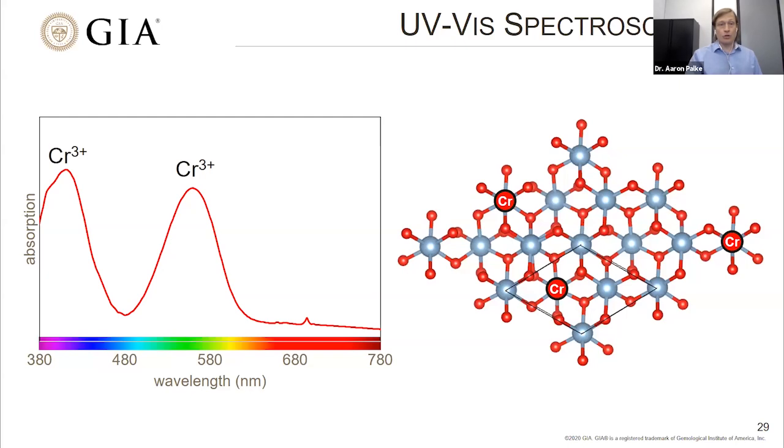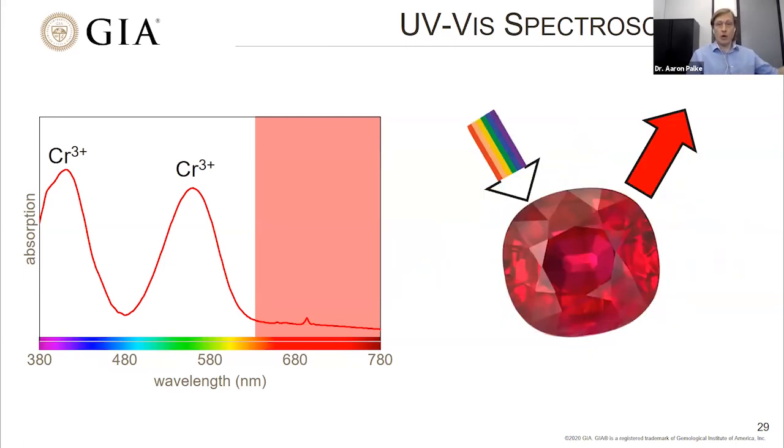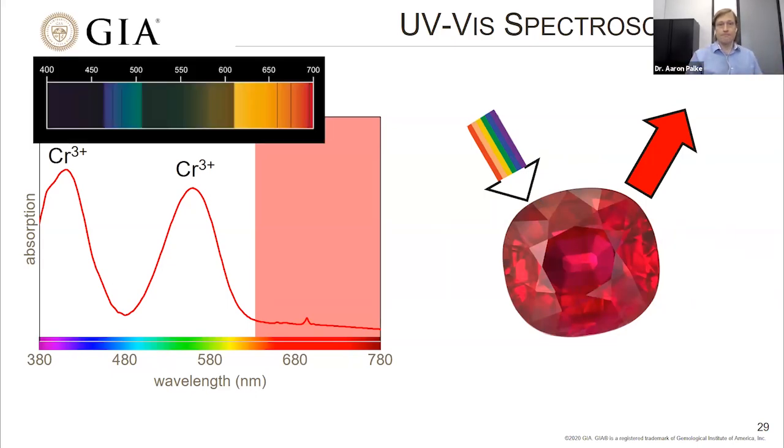This is absorbing a lot of the light in the green, the blue, and the violet regions, and it's not absorbing very much light in the red region at all. So we have what we call a transmission window. You absorb all of the green, blue, and violet light, and you let all of the red light pass through the material, which causes this white light coming into the stone to be reflected back to you as red light.